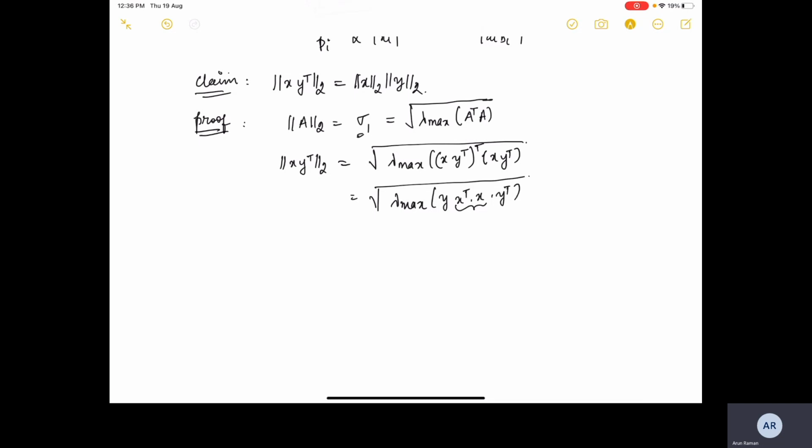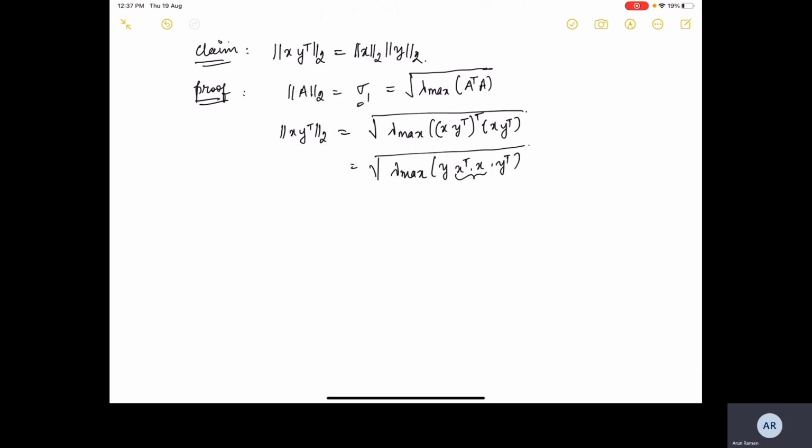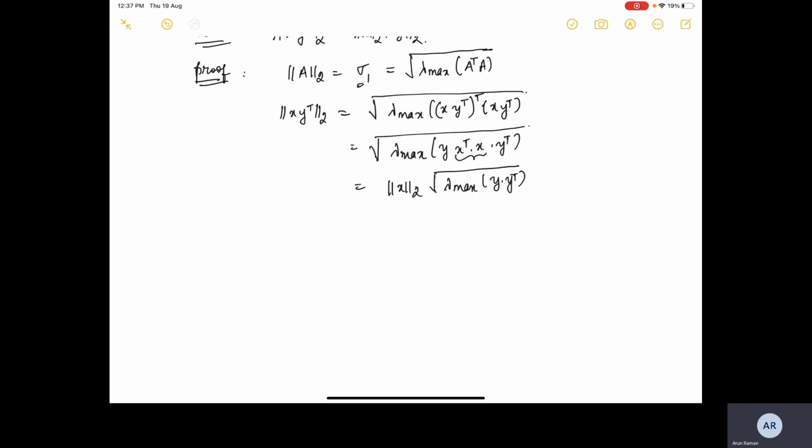Now, since x is just a row vector, x transpose x will be a scalar constant, and as it turns out, it is the 2 norm or the normal Euclidean distance. So what we are left with, since these are also rows and columns and the eigenvalues are invariant to the transpose operation, is our result.